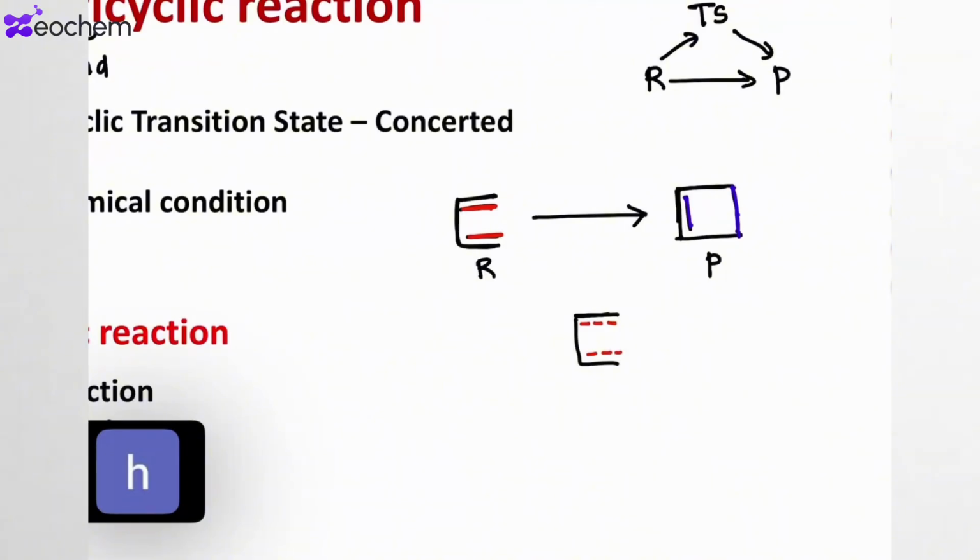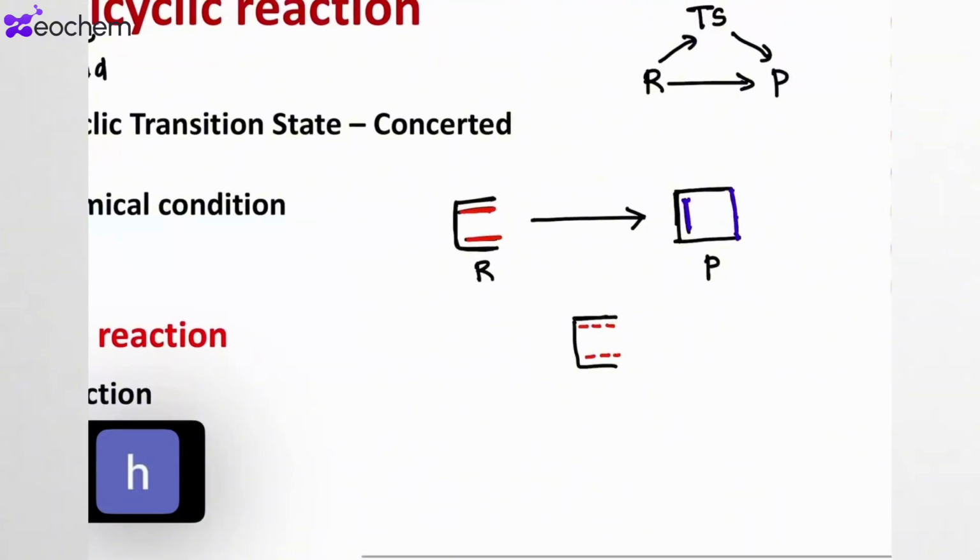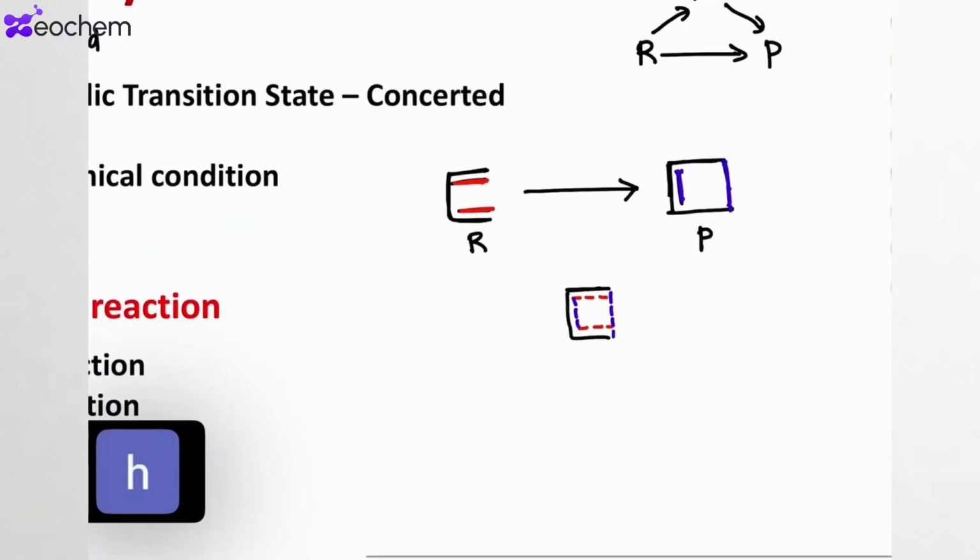Now we'll draw the bonds which are being formed, that is these two bonds. We'll draw them again as dotted lines because these bonds are not fully formed. They are only forming. And this is, as you can see, a cyclic transition state from reactant to product.